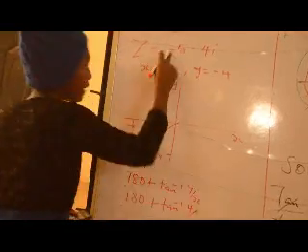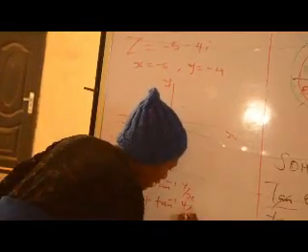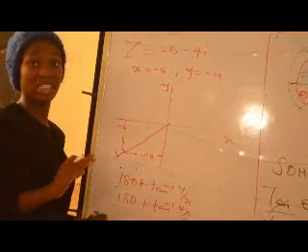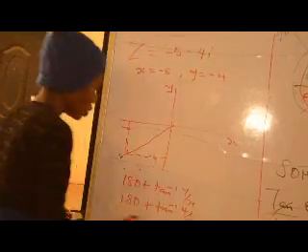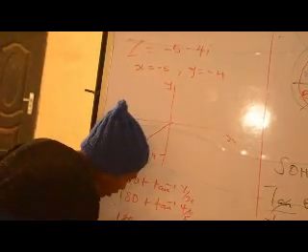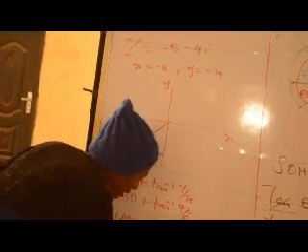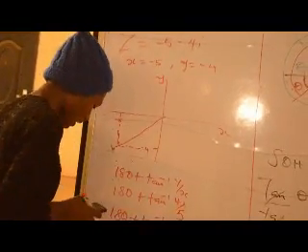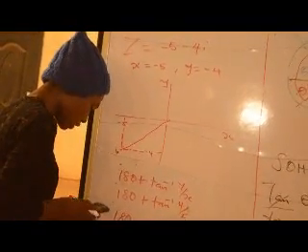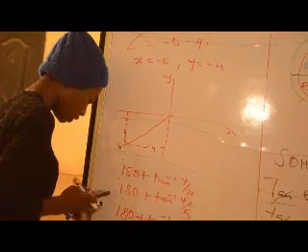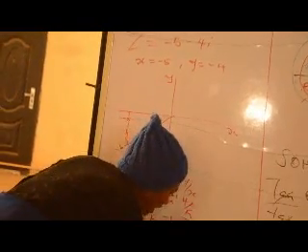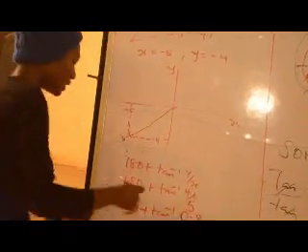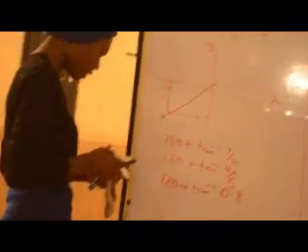And our x is minus 5, but the absolute value is 5. Absolute means the number without any sign. So we are here, which will give us 180 degrees plus the tan inverse. Now 4 over 5 will give us 0.8, if I'm not mistaken. So we'll be finding the tan inverse of 0.8.